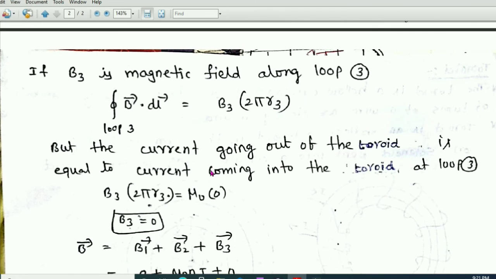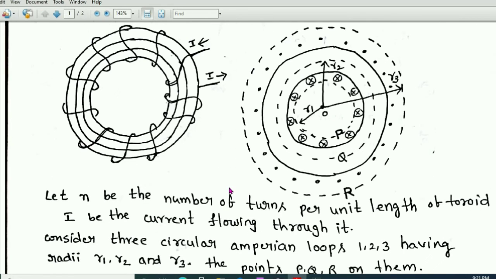Now at loop 3, at the outer point, the current entering the toroid is equal to the current leaving the toroid. Both are equal in magnitude but opposite in direction, so the currents cancel. The net current is 0. So the net current enclosed by loop 3 is 0.